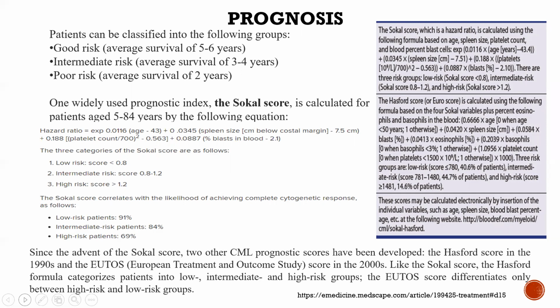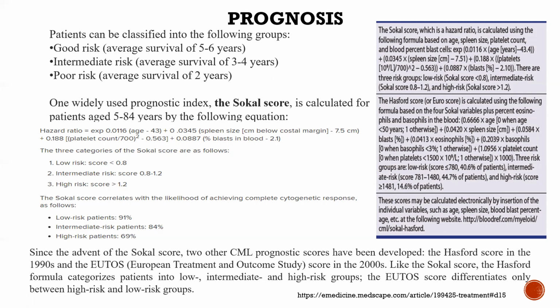Since the advent of the Sokal score, two other prognostic scores have been developed. It's the Hasford score, which you can see on this part of the slide, represented in the 1990s, and EUTOS, or European Treatment and Outcome Study score, in the 2000s.